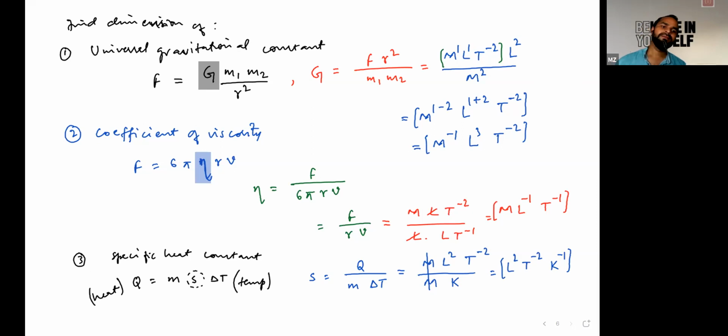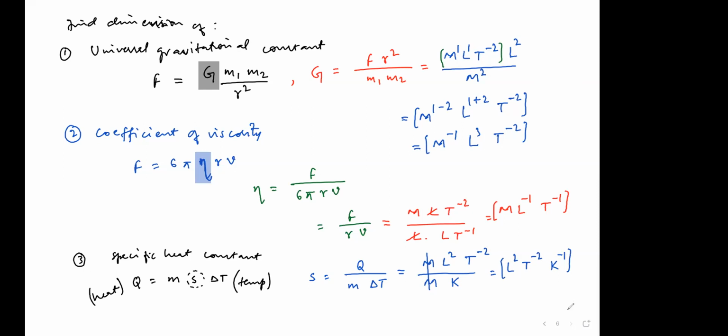Done? Yes, sir. Okay. The next terms are electrical terms. For any electrical term, we first define charge. You must have learned in class 10 a topic called electric current.